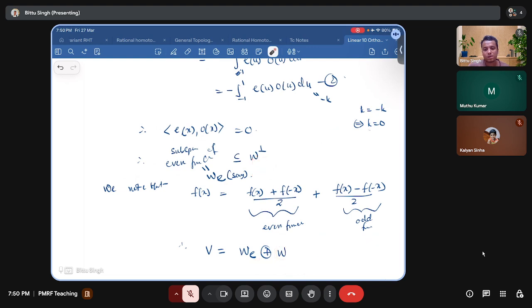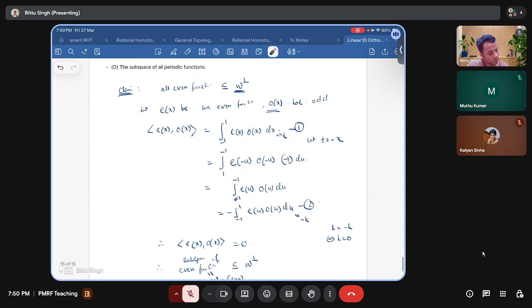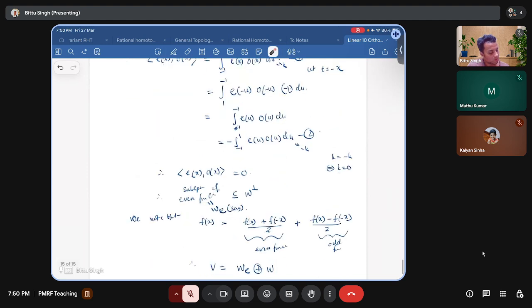So this is the general method. That is, you just prove that whatever your guess is a subspace of W perp, and now prove that if you take direct sum of this subspace with W, that will give the whole space. From here, the conclusion immediately follows.